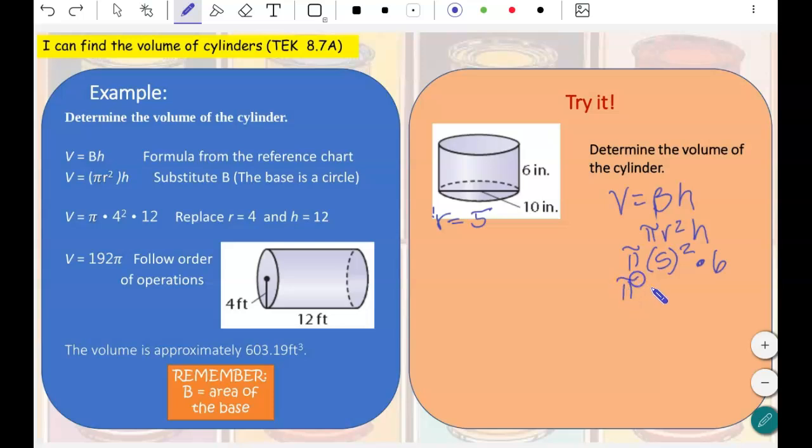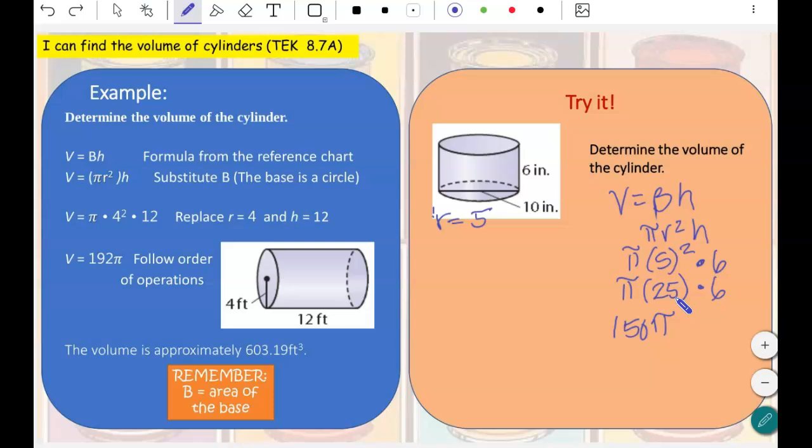And then we're going to go ahead and do 5 squared, and that is 25. And then times the 6. 25 times 6 is 150, so 150 pi. Remember, when you multiply, you can switch them around, and it's better that you put the number in front of pi.